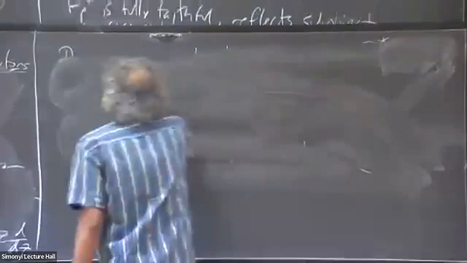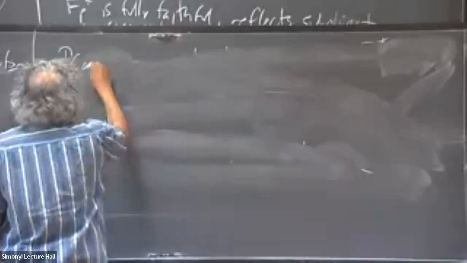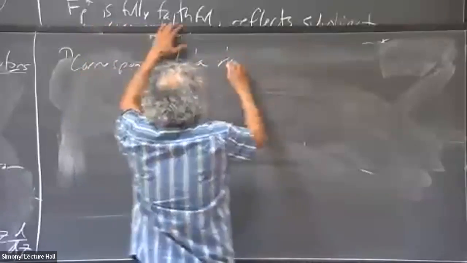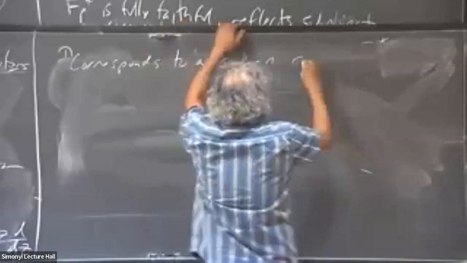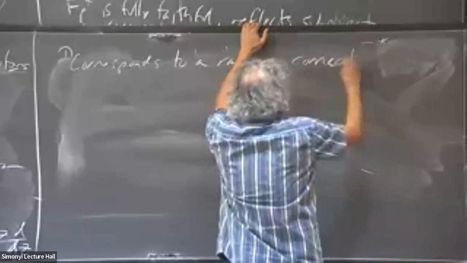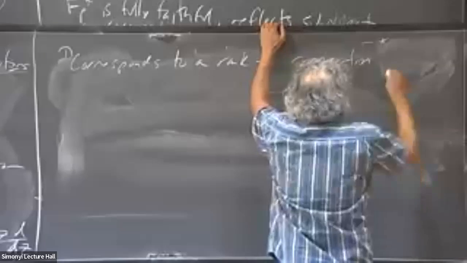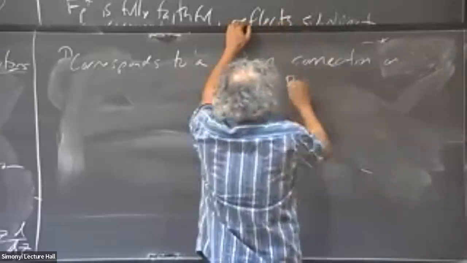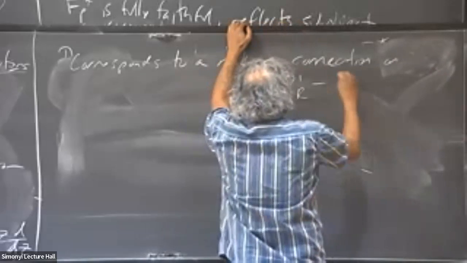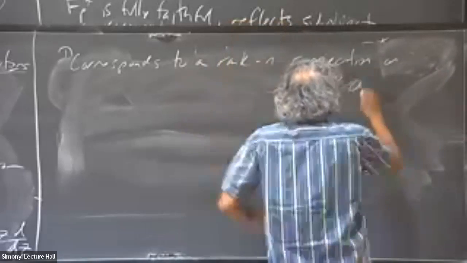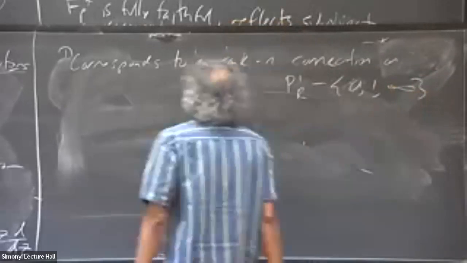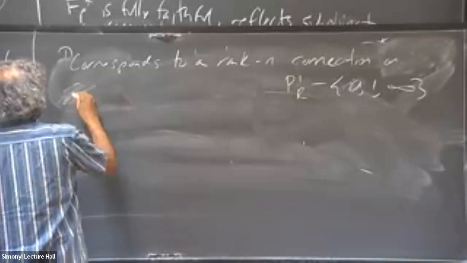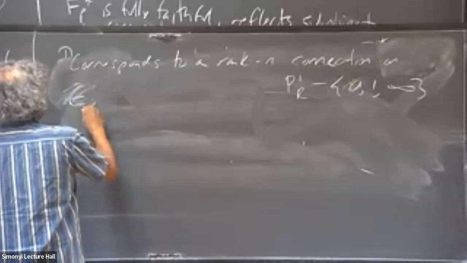This corresponds to a rank n connection on the P1 minus the sections 0, 1, and infinity, which I'll call this kind of bundle with connection E alpha.